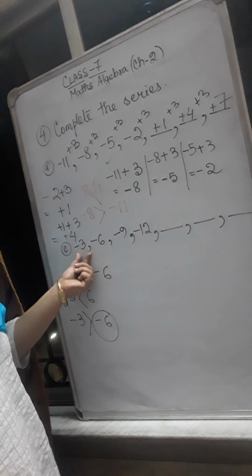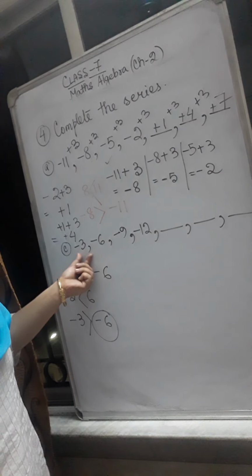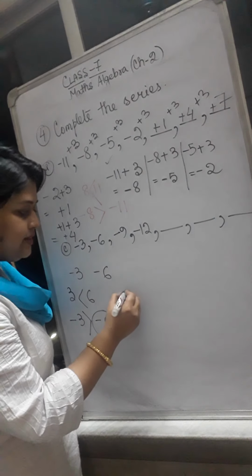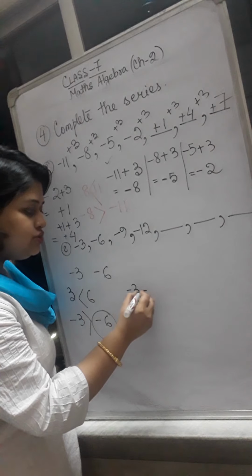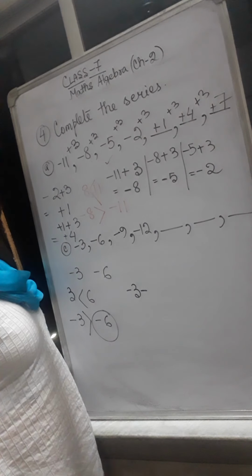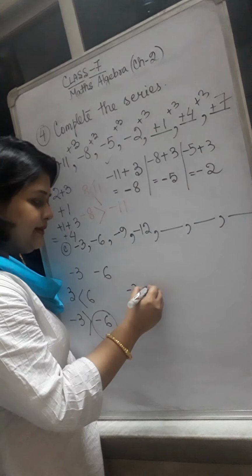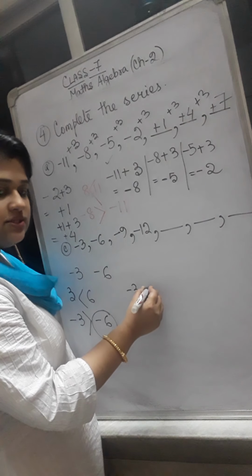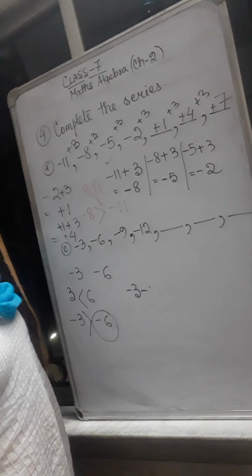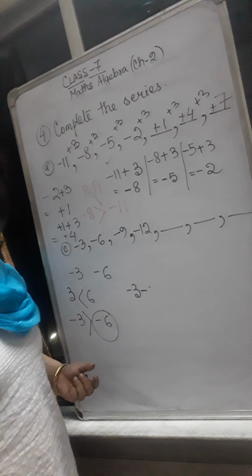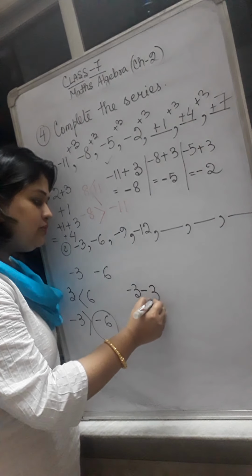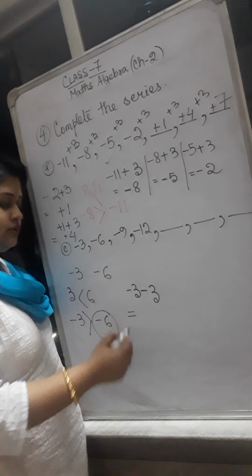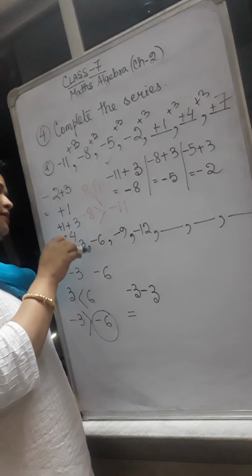So from the greater number you should subtract something to get the smaller number, minus 6. So with minus 3, how much should you subtract to get minus 6? You don't have to think, you just take their difference. 6 and 3, what is the difference between them? 3. Just check whether it gives you the result or not. So this was the greater number, minus 3.